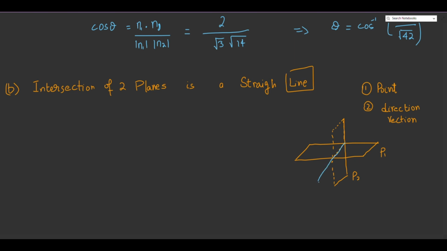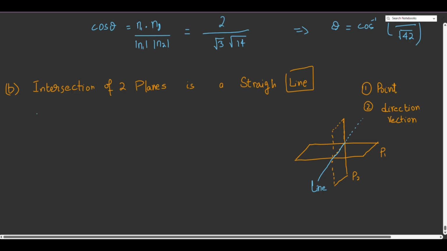So this is our line, and we need to find the equation of this line. How can we do this? In order to find the equation of a line, first of all, we need a point on the line, and also we need the direction vector.